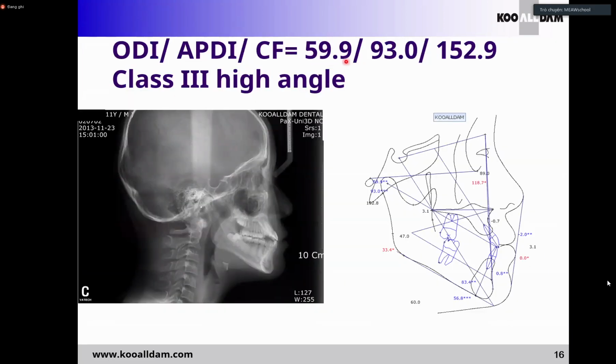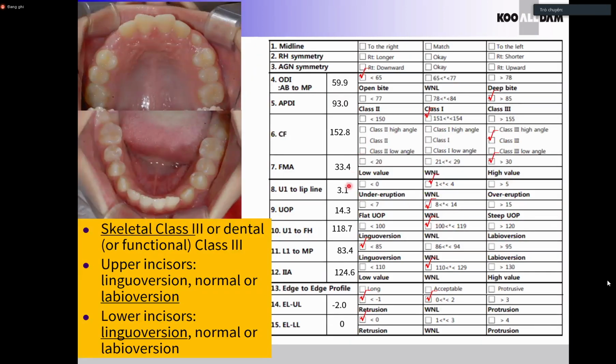ODI 60, APDI 93. This means class 3 high angle case. His profile is good. This patient is APDI 93. This means skeletal class 3 malocclusion.